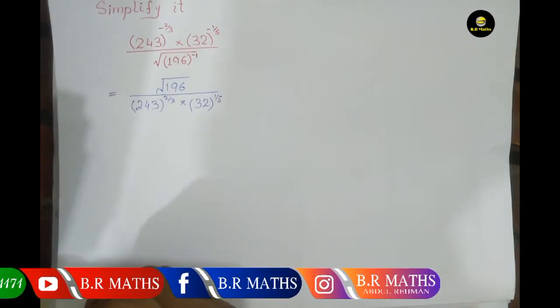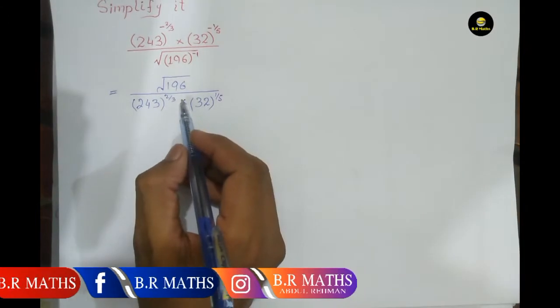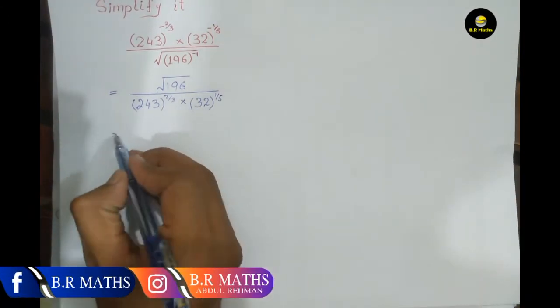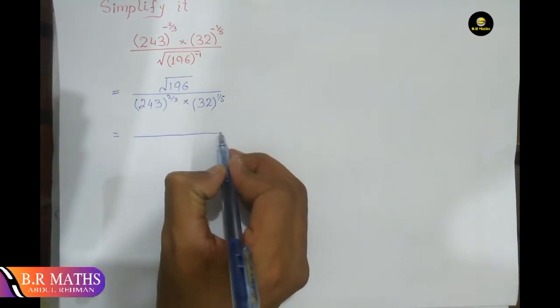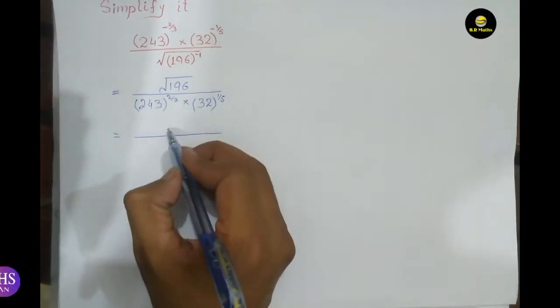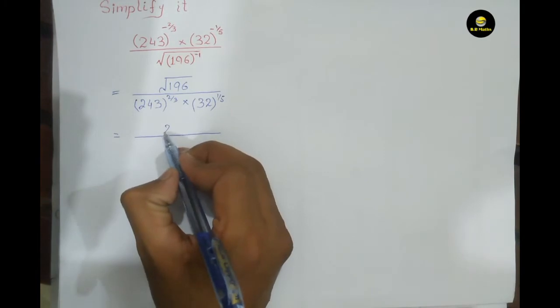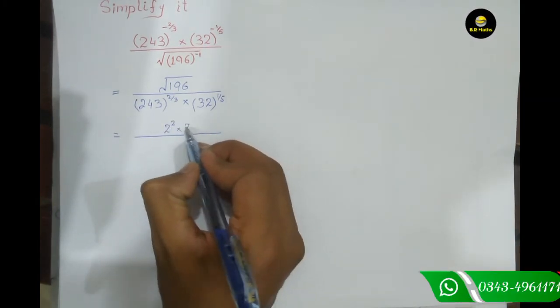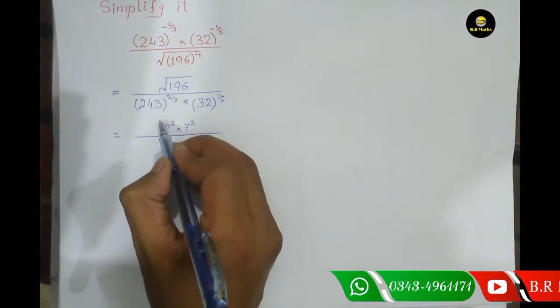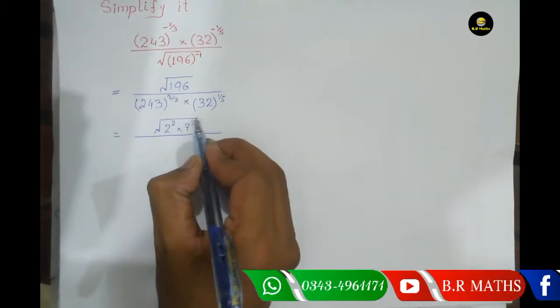So students, the second step is to factorize. Take the prime factors of all of these numbers. The factorization of 196 is 2 square, 7 square, under the square root.